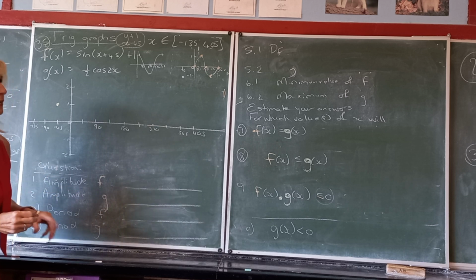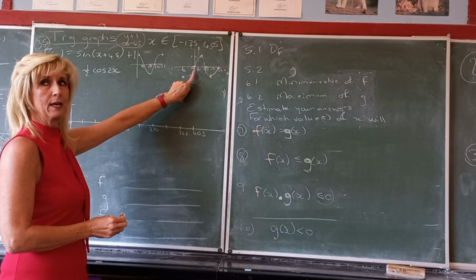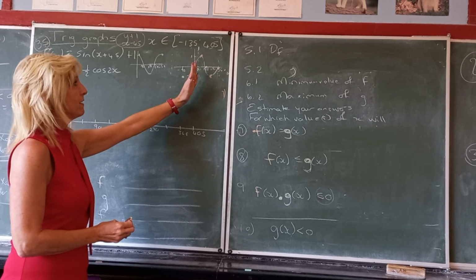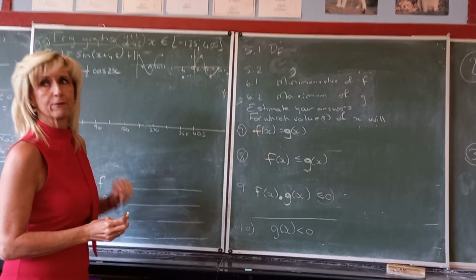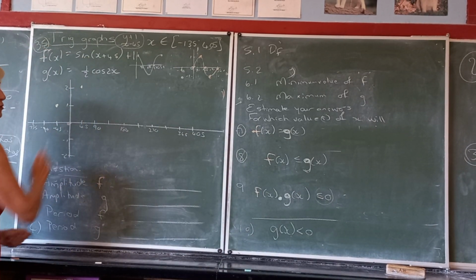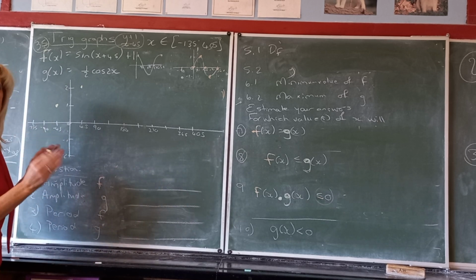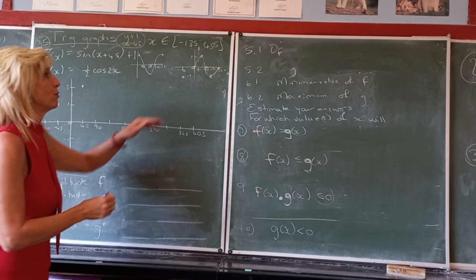Don't be too hasty. The second one was at 90, I must go 45 to the left. So it's on 45 and 1. But then I've got to still move it up with 1. So it's going to be 45 and 2. Almost thinking I've got the pattern going, but rather make sure on another point.